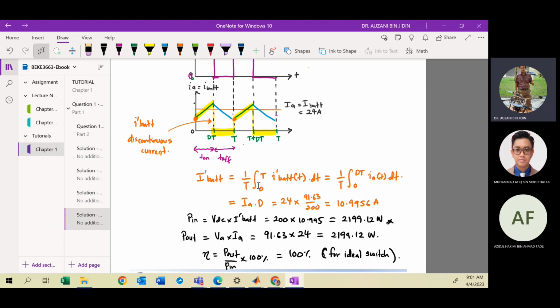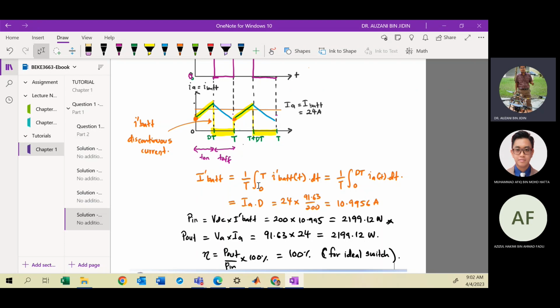So in the question, maybe it provides the parameter values for RA, LA, J, B. Then based on the parameter values given, you need to calculate the desired VA, IA and torque. So you have to refer to this procedure and calculate the required VA, IA, torque.